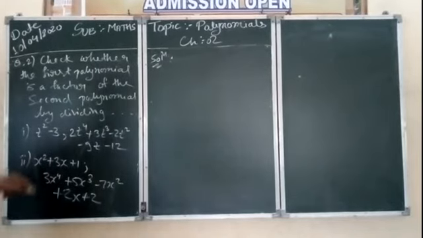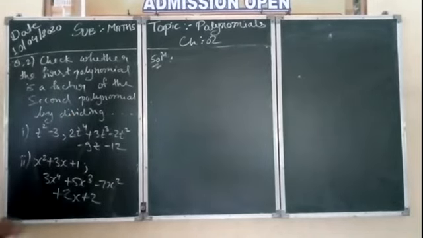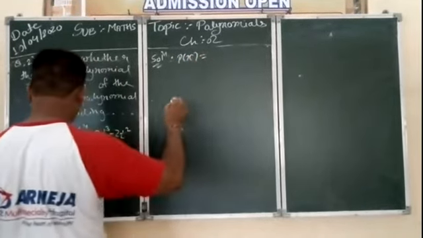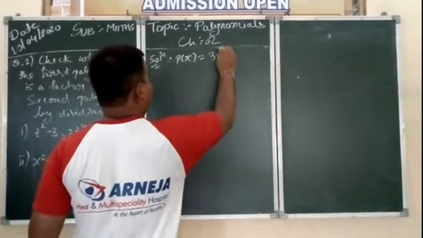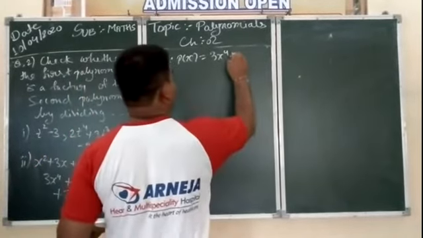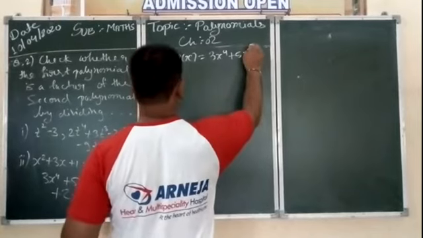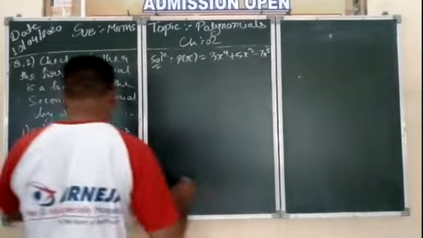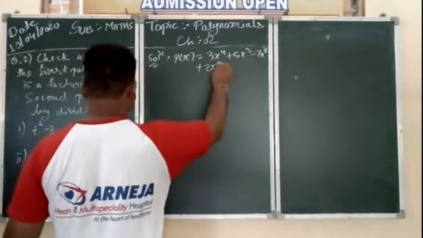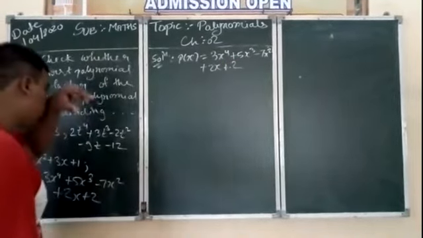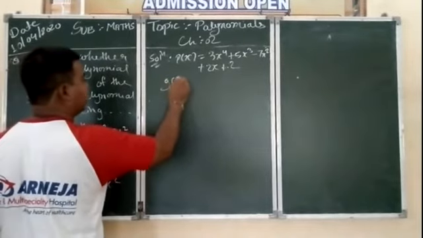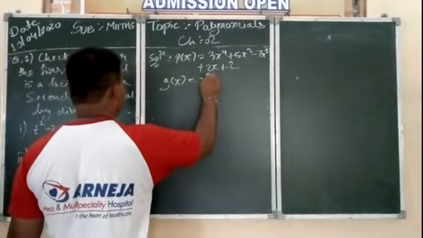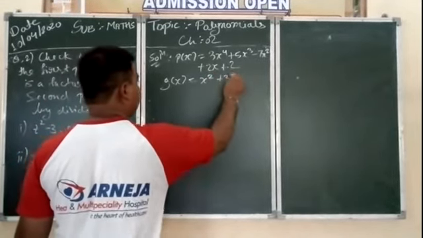Now we solve the next question, question number 2. p of x is given as 3x raised to the power 4 plus 5x cube minus 7x square plus 2x plus 2, and g of x is given as x square plus 3x plus 1.